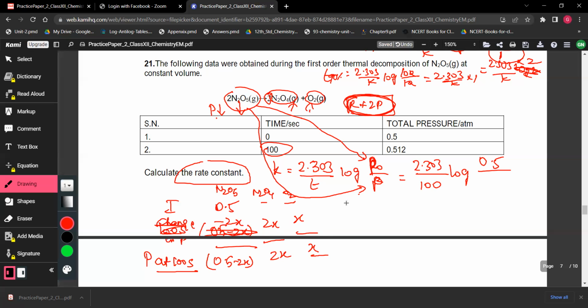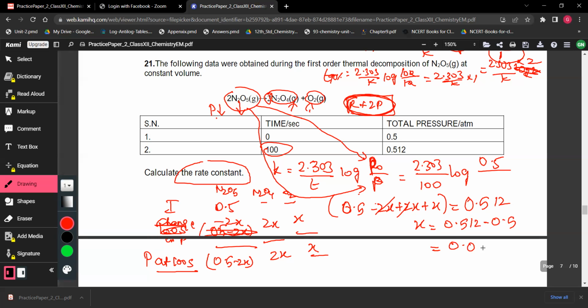So all added together: 0.5 minus 2x plus 2x plus x. Add all this. So these two will get cancelled because this is minus 2x, this is plus 2x. Stoichiometric coefficient same. So this is decreasing, here increasing, so both get cancelled. 0.5 plus x is 0.512, so x you find out. X is 0.512 minus 0.5, which is 0.012.